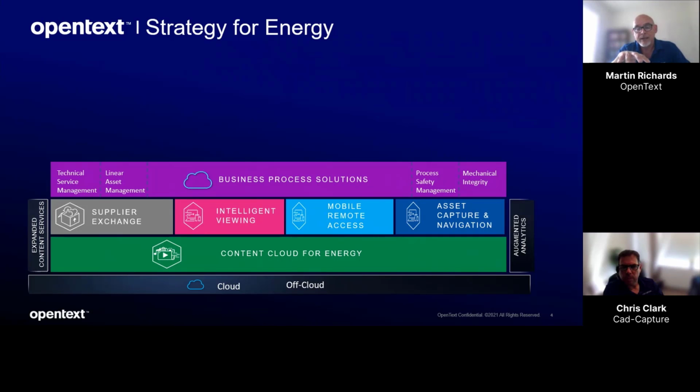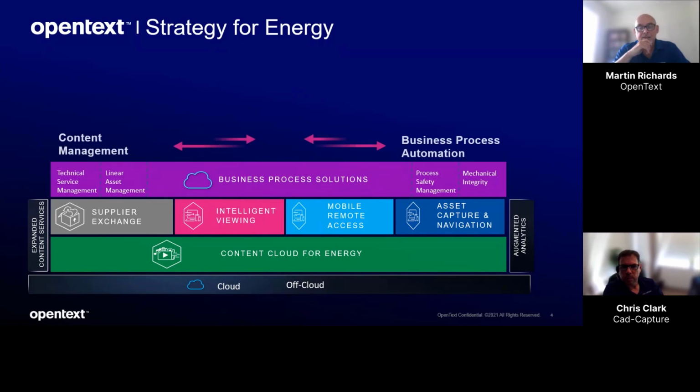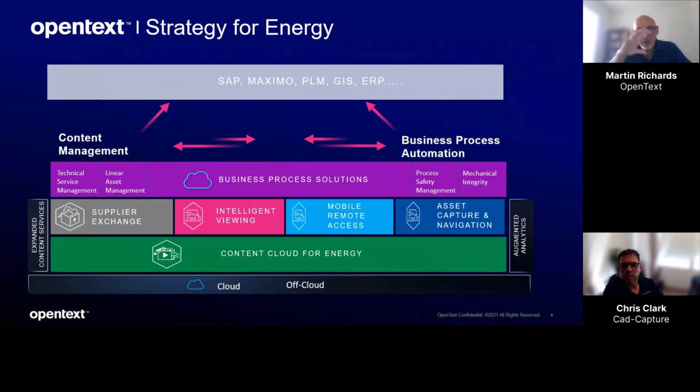But then importantly, if you just click again, Chris, it's then taking that set of processes with the content that's related to it, and ultimately integrating that into the broader ecosystem of key business systems, again, Chris, that make up the total system around intelligent asset management.